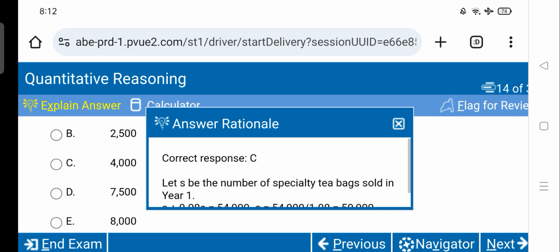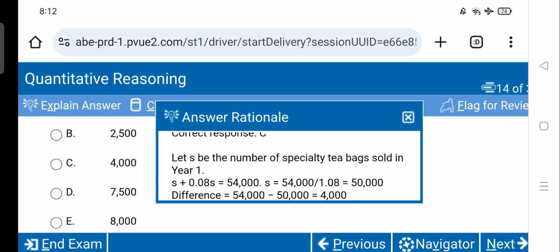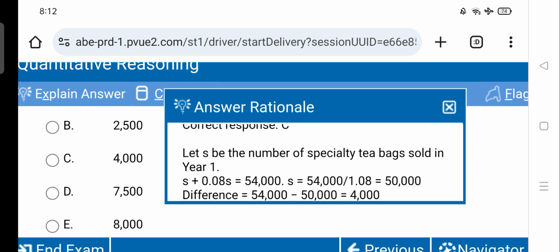So the correct response is option C. Let S be the number of specialty tea bags sold in year 1. So S plus 0.08 S equals 54,000. So S equals 54,000 divided by 1.08 equals 50,000.